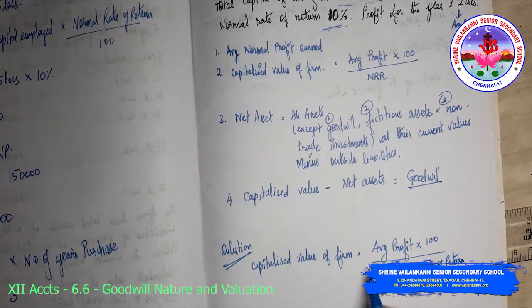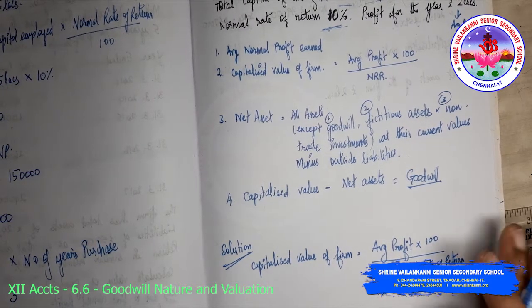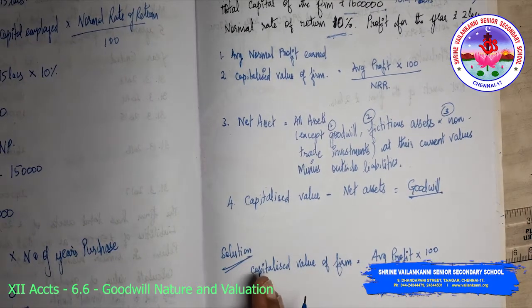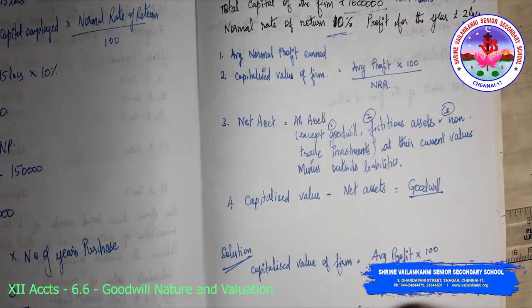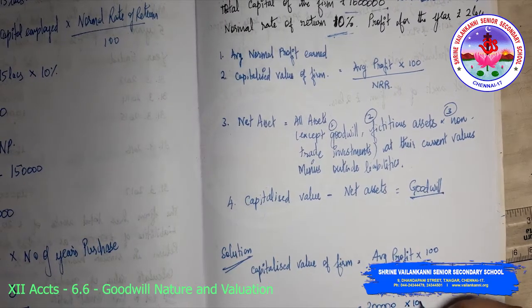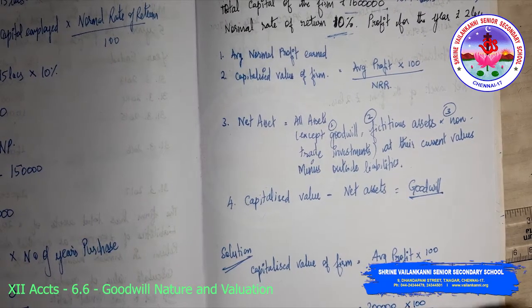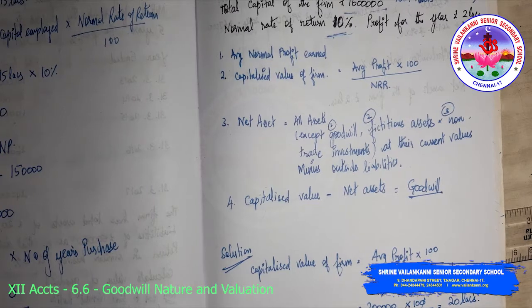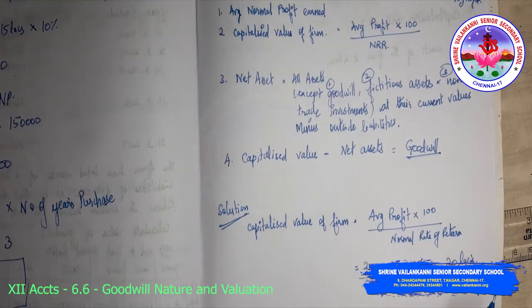Since average profit is not given as a series of years of profit, for year 1 some profit, year 2 some profit, we could take an average of that. But only one profit is given, so I am just directly applying that profit into 100 divided by 10. If I do this, I will be getting 20 lakhs as my capitalized value of firm.